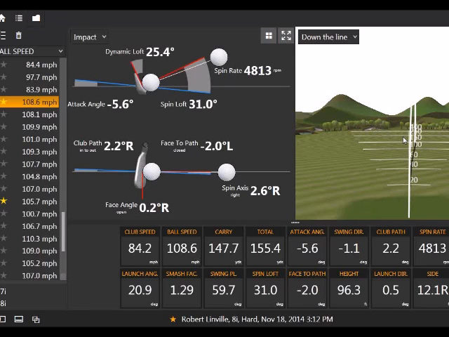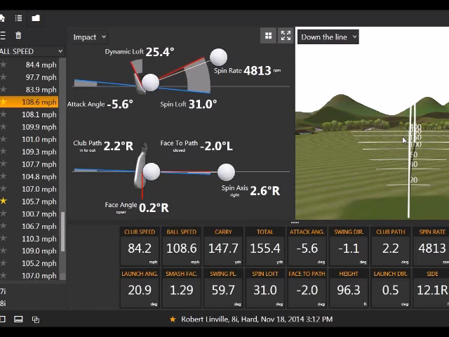Certainly video is key. Video is like our x-ray, and I believe in video. I've been using it since '89, well before that, since like 1985 in my instruction. But now with TrackMan, you can integrate both, and the TrackMan becomes more like an MRI.